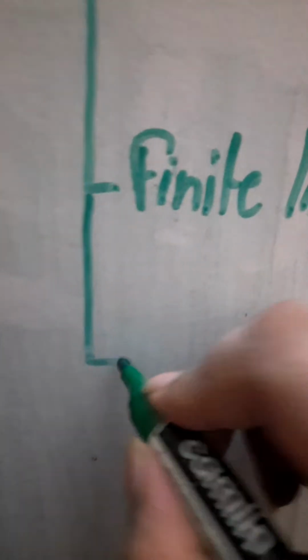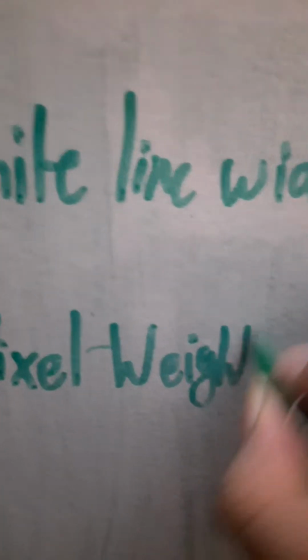And then there is pixel weightage. And there is also another technique called pixel phasing that we'll talk about later, because it is not much relevant in your syllabus, I guess. Okay, so we will talk about this later.